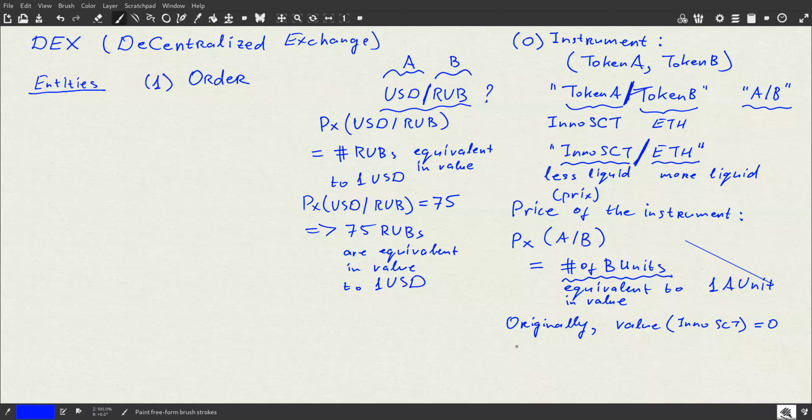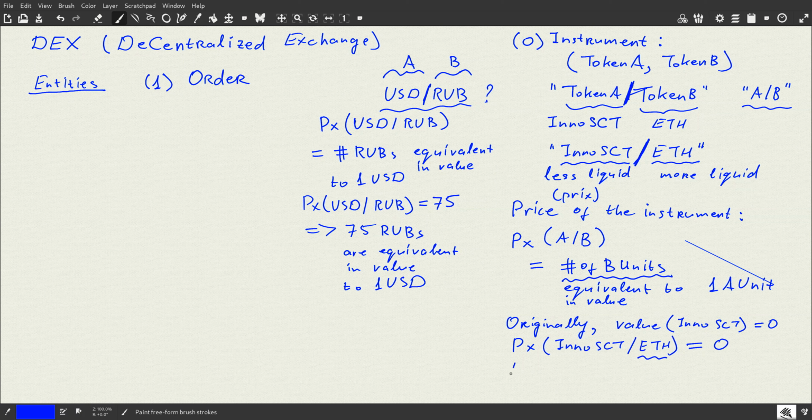Therefore, if we quote the price this way of InnoSCT to Ethereum, then it would be the number of Ethereums equal to 1 InnoSCT, because InnoSCT is worthless at the moment, then this price would be 0.